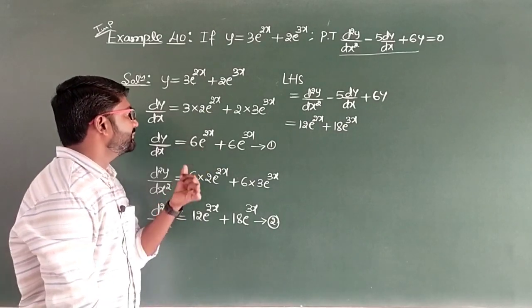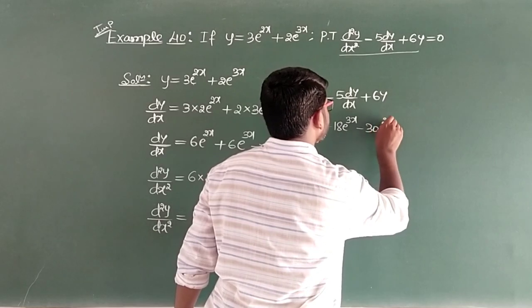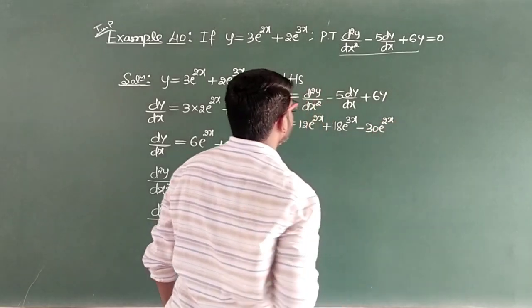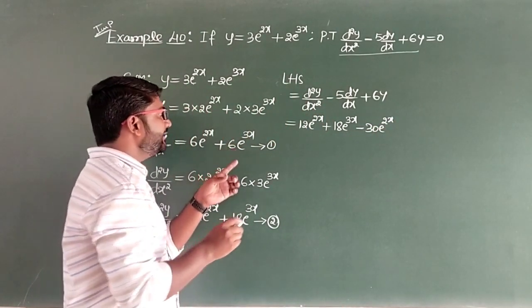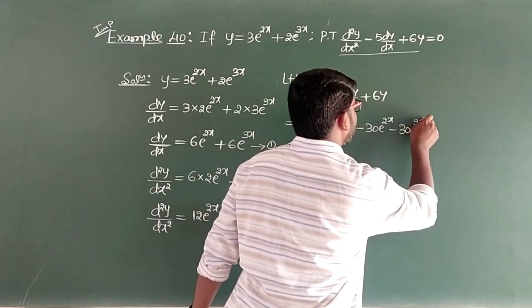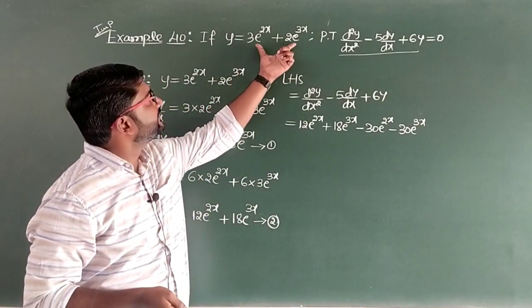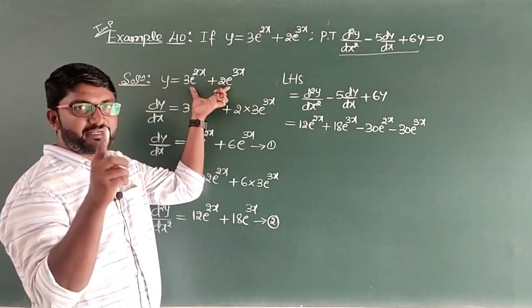Minus 5 into 6 will be minus 30 e to the power 2x. Then, so again minus 30 e to the power 3x. Now plus 6y. Y means it is this given function. For this we will have to multiply by 6.